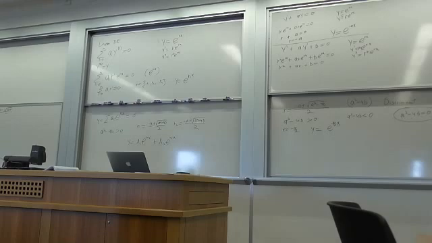Well, there's something funny going on here. We can rewrite this as a1 e to the r x, e to the is x, plus a2 e to the r x, e to the minus is x.